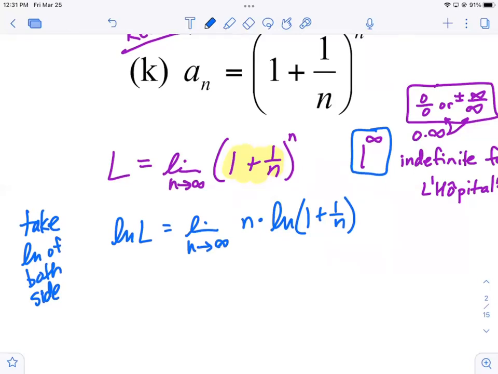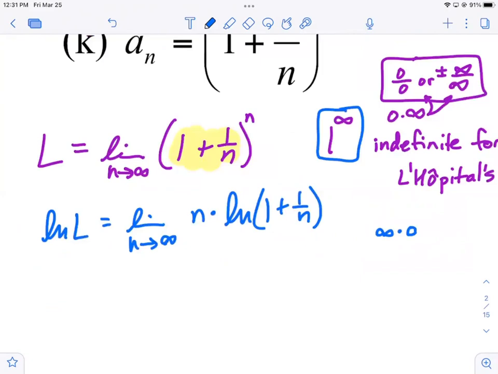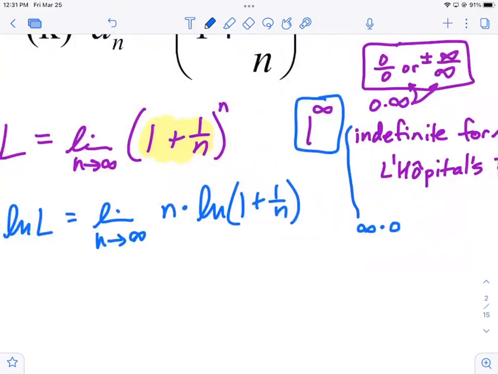Now, if I try to evaluate the limit on the right-hand side by direct substitution, I'm going to get infinity times the natural log of 1. What's the natural log of 1? 0. So now I've turned it into the multiplicative indeterminate form. 0 times infinity is another indeterminate form.